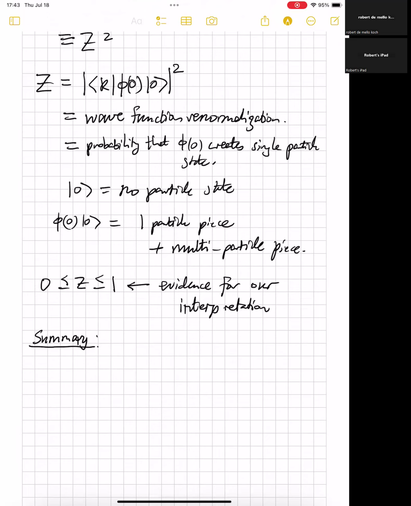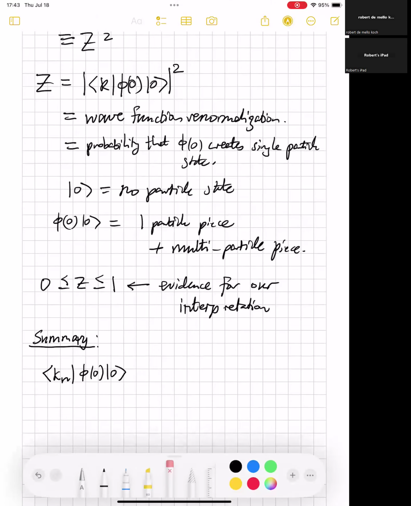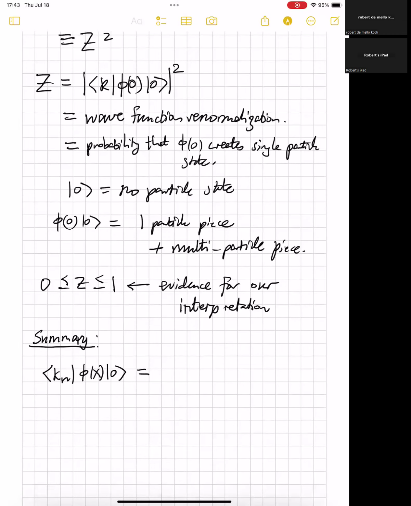So here's the first one. I'm going to start putting an n here. And the reason for that is I want to start distinguishing how many particles we've got. Okay, so n is going to stand for the number of particles. And we calculated this matrix element, and this was e^{ik_n·x}, and we had ⟨k_n|φ(0)|0⟩.